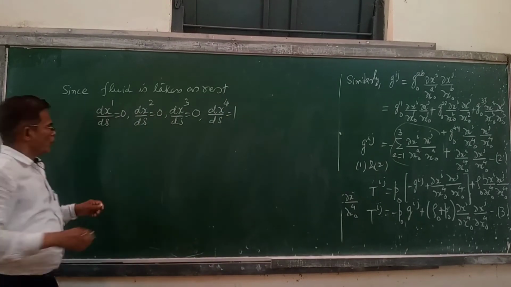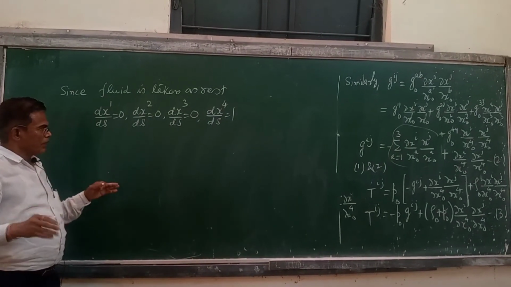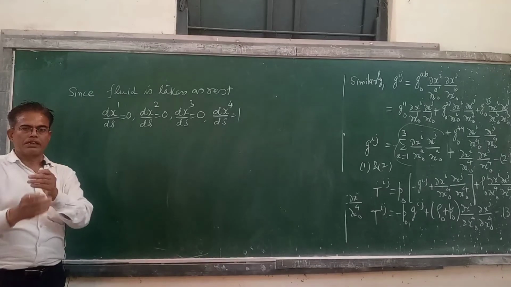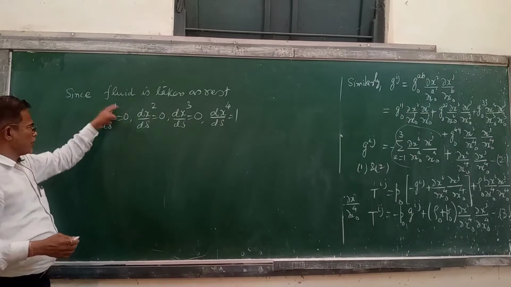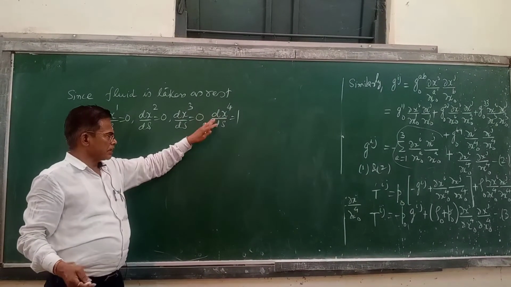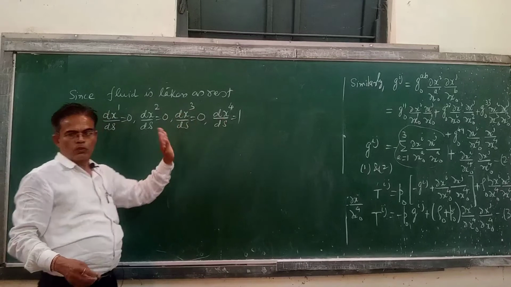It means when the fluid is at rest, in the x direction, y direction and z direction, these components are 0, and in the sense of time this is 1.